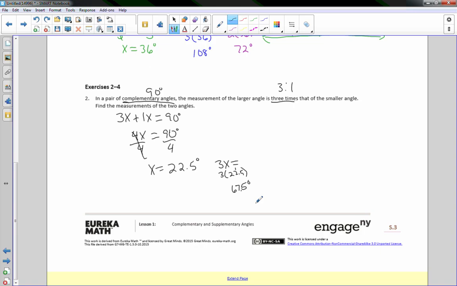So the other one is 67.5 degrees, and if I take that 22.5 degrees and add it to 67.5 degrees, I get 90 degrees. So my answer is x is 22.5 degrees, and for the 3 to 1 angle, the other angle is 67.5 degrees.